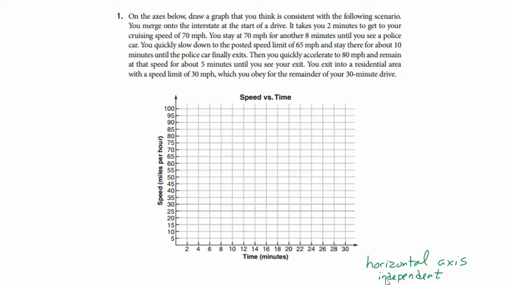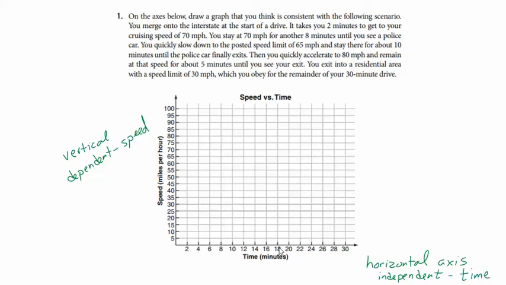So time is independent. And here we have the vertical axis. And on our vertical axis we have speed. So the dependent variable in this case is speed. Okay, and the independent variable here is time.